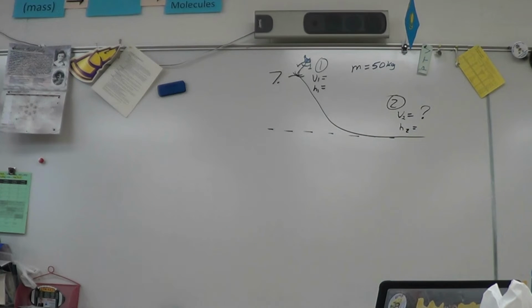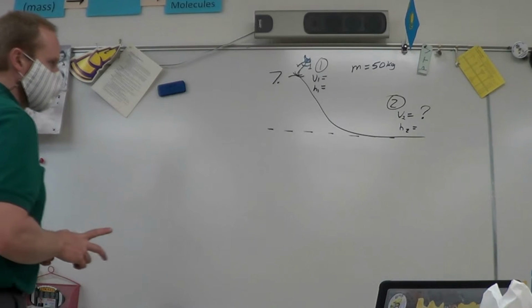In my mind, that makes me very consciously think about, is there a velocity at that location? Is there a height at that location? Now, we will get to springs, and in those situations we would include spring stuff, but there was no reference to any spring, so there's no spring stuff we need to worry about.